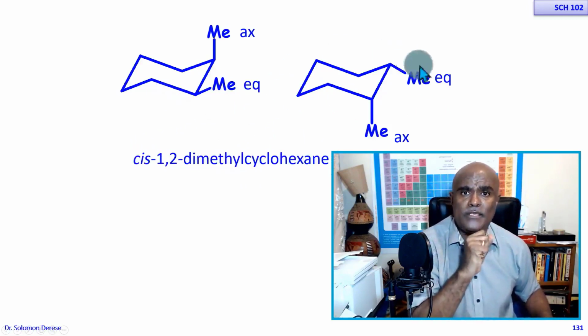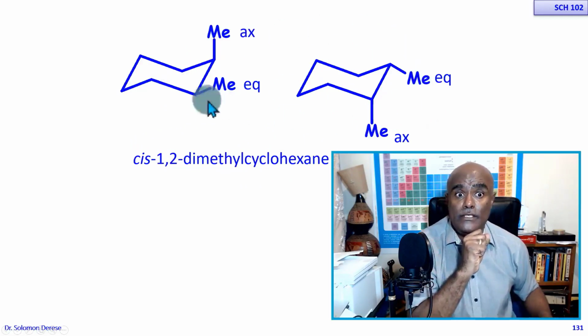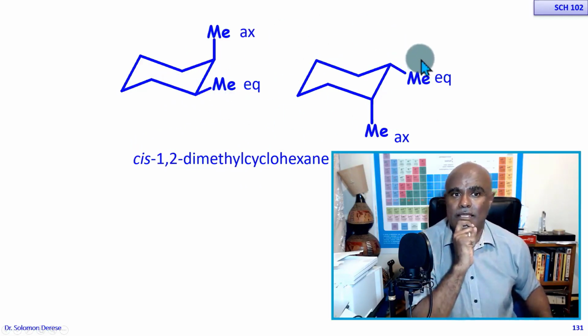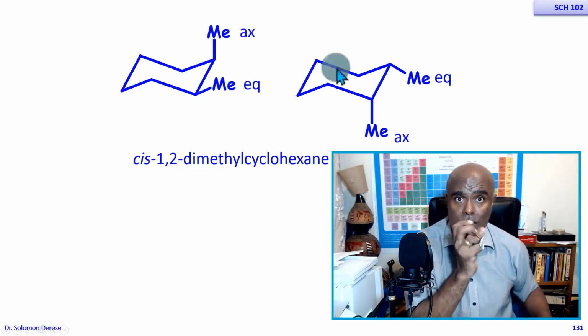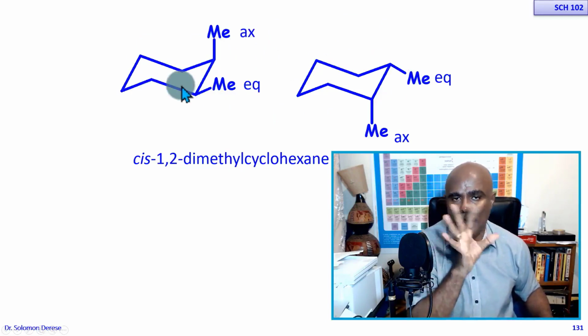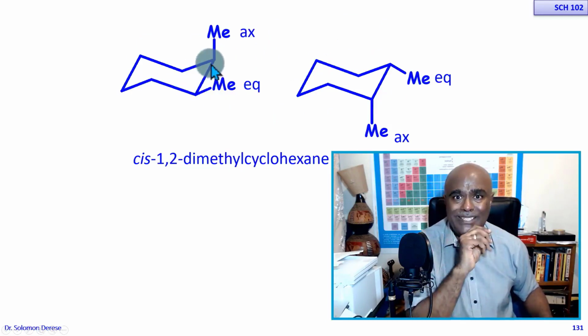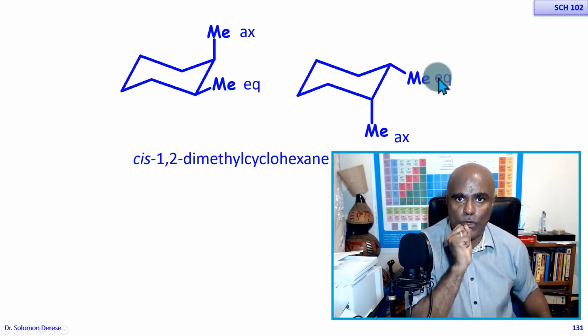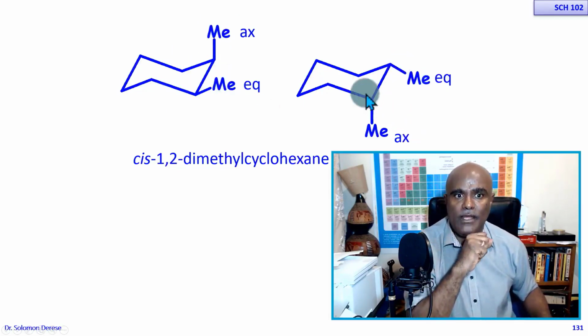You should not be surprised that these two indeed are the same. You remember what I told you, cyclohexanes always undergo ring flip. The most important thing you need to notice when cyclohexanes undergo ring flip is that axial substituents become equatorial and equatorial substituents become axial.